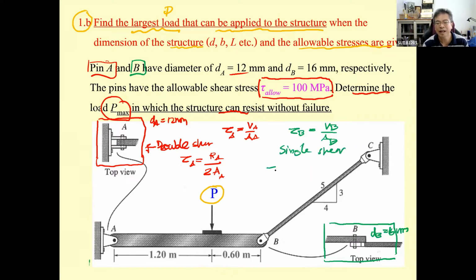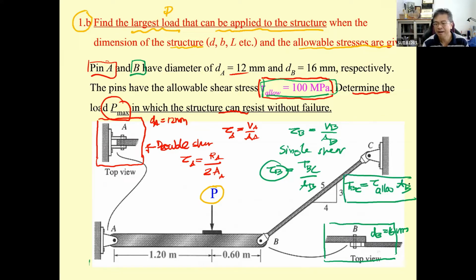We are going to have tau sub B equal to, the V sub B is going to be T sub BC divided by A sub B. So by doing this, you can determine T sub BC equal to, change this one to be the tau allowable times A sub B. So you get this force that's applied to this connection.